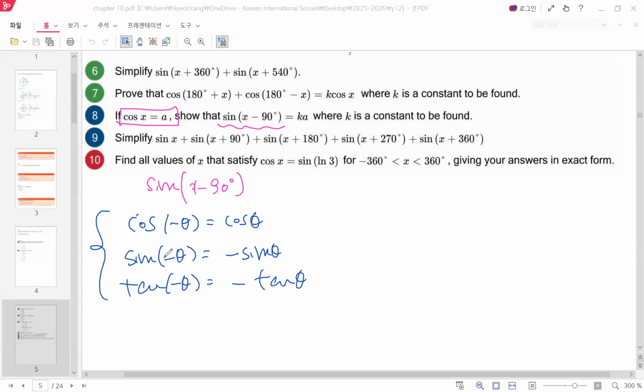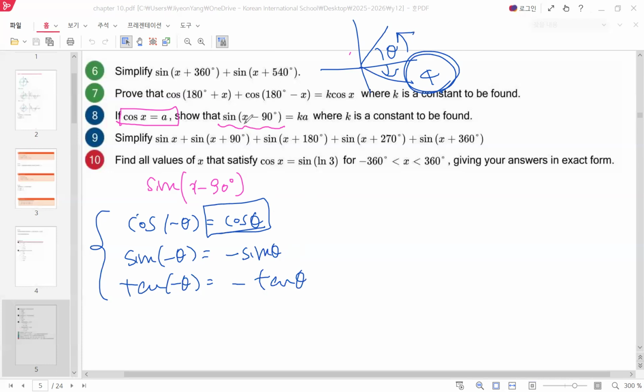If we consider theta as the first quadrant angle, negative theta is going to be considered as a fourth quadrant angle. So therefore, the only positive value should be cosine. The other two are negative, okay?